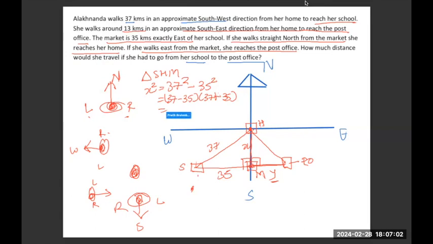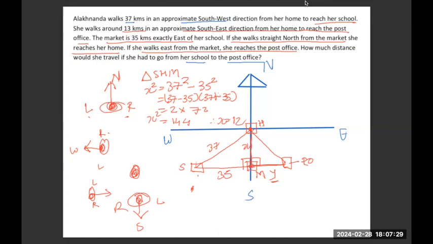So this will yield 2 multiplied by 72, which is 144. So x square value is 144. Therefore, x value will be equal to 12. This is in kilometers, so we won't consider the negative value. Okay, so x is 12.